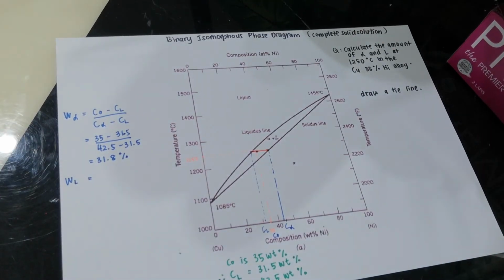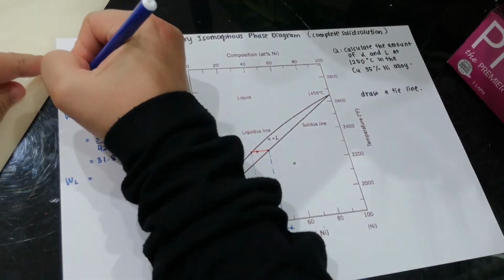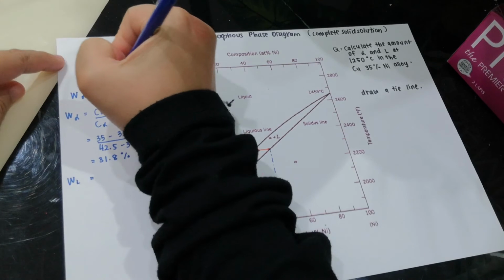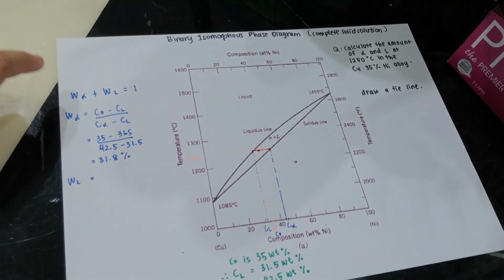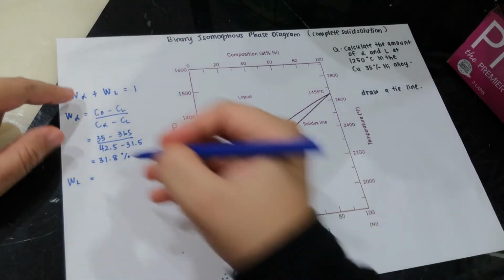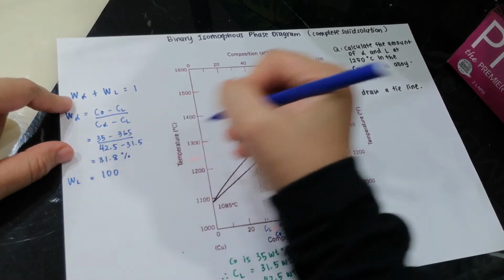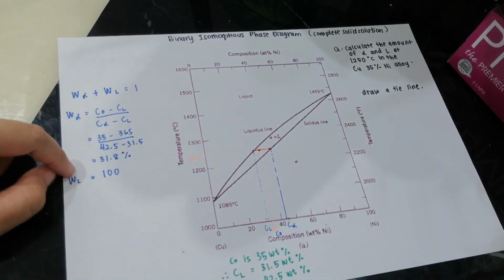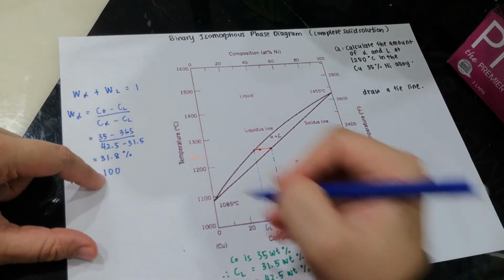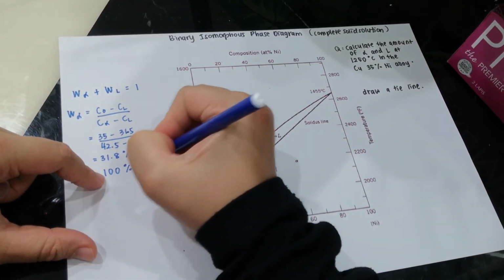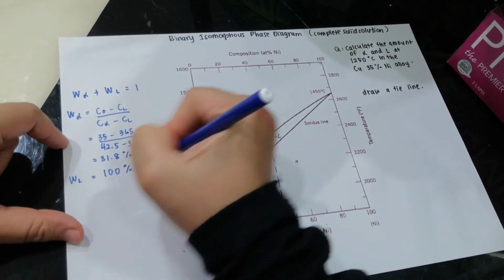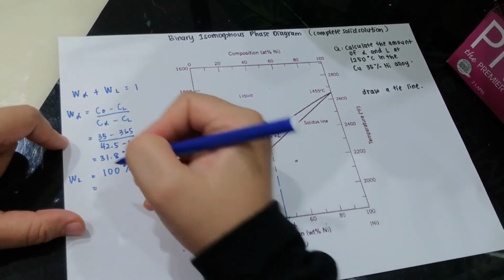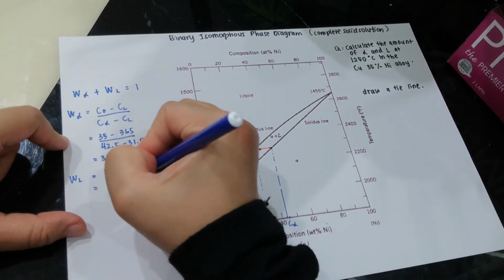What about the fraction of liquid? We already know that fraction of solid plus fraction of liquid equals 1. So in percentage, the fraction of liquid is 100% minus 31.8%, we get 68.2%.